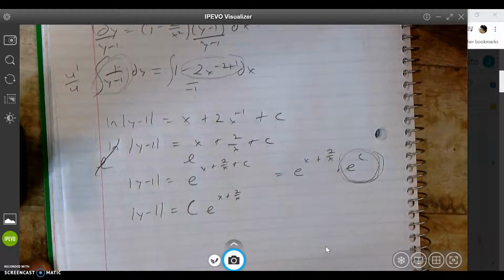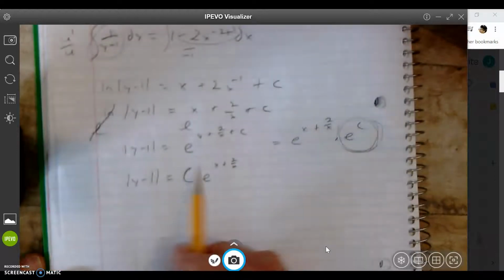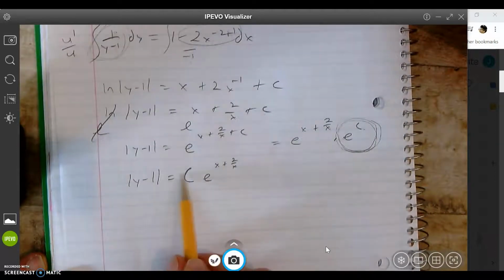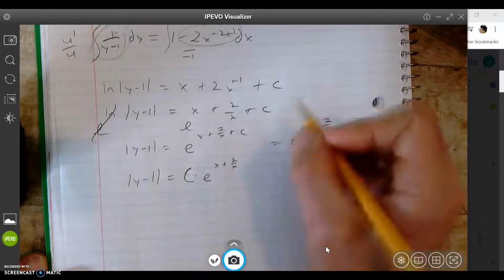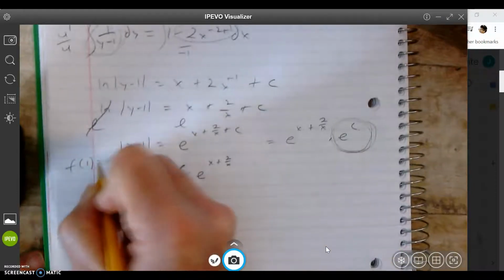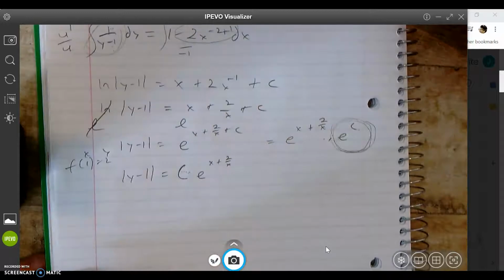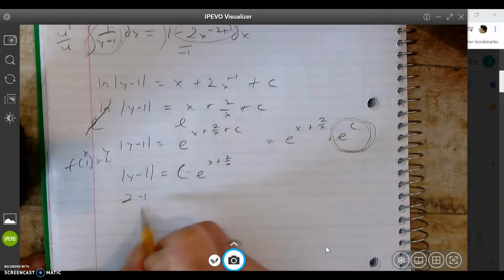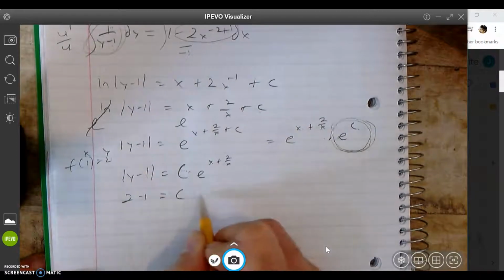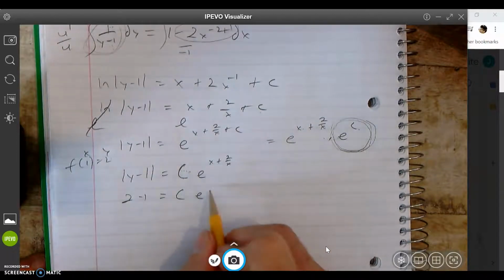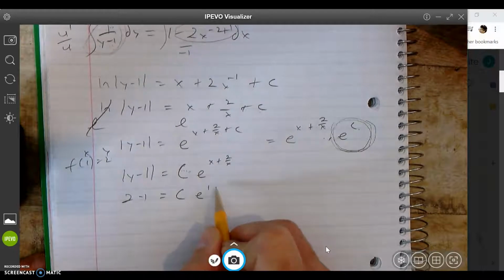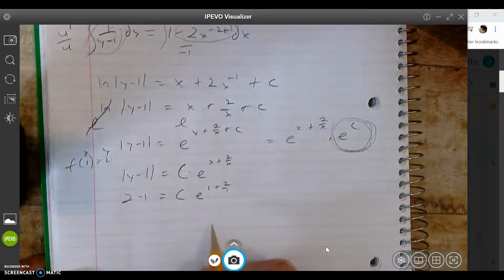There you go. All right, so now I can figure out what this capital C is going to be, because I know that f of 1 equals 2. So this is x, this is y. So y is 2. I'll plug that in here. 2 minus 1 equals C times e to the x is 1, so that's 1 plus 2 over 1.